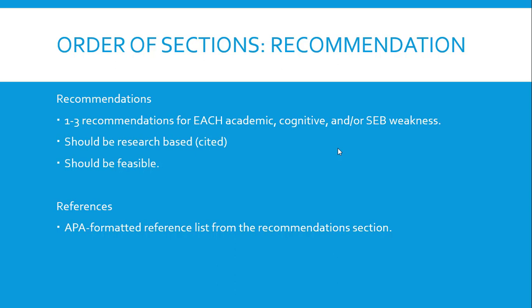Ideally, at the end of summer, you will have done your social emotional behavioral assessment class. And with that, you will be able to add the social emotional behavioral data straight into your final report. So you will have the IQ data from the fall class, the psychoed data from the spring class, and the social emotional data from the summer class, and you will have a complete psychological report.